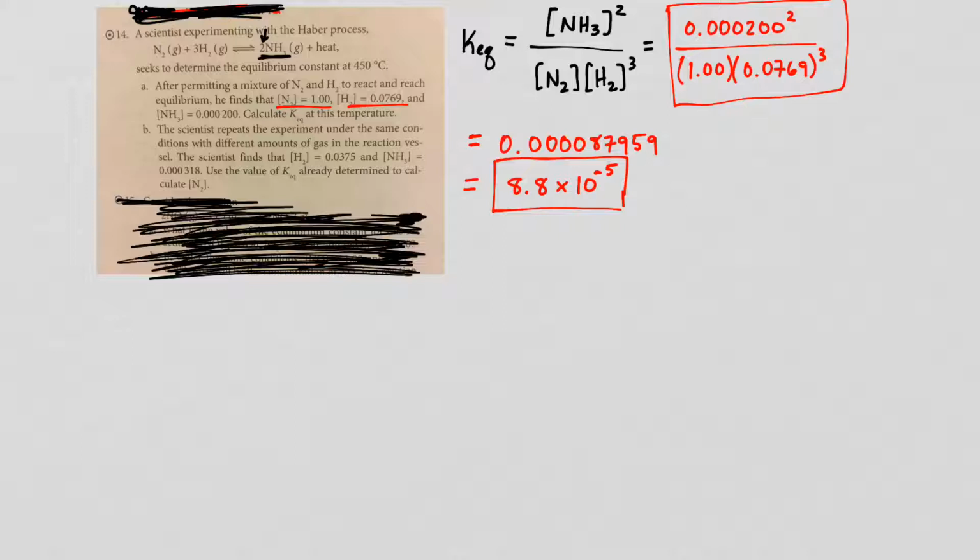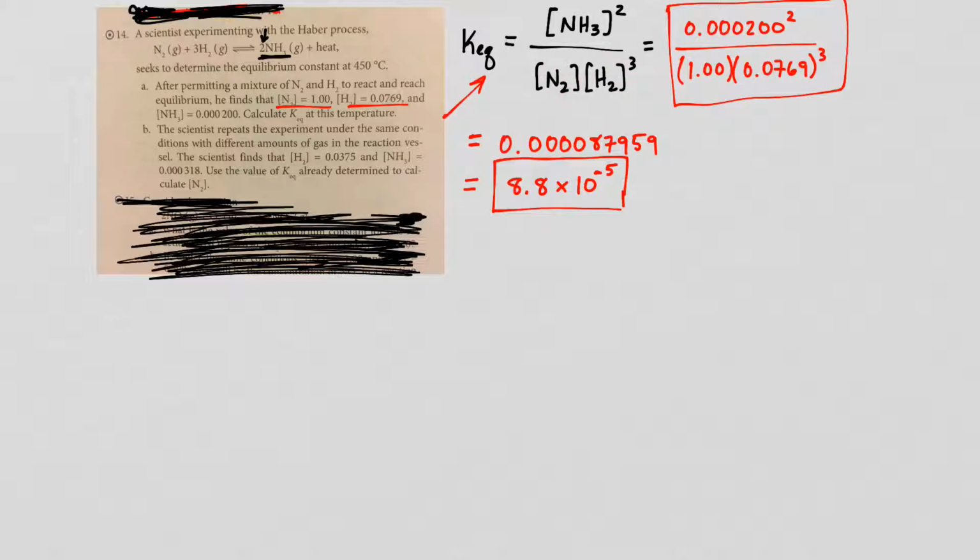Well, it tells us right there we're going to use the value of KEQ that we already determined, and we're also going to use this equation right here. What we're going to try to find is N2. It already tells us what we're trying to solve for. It gives us KEQ, NH3 and H2, so we can solve for N2.